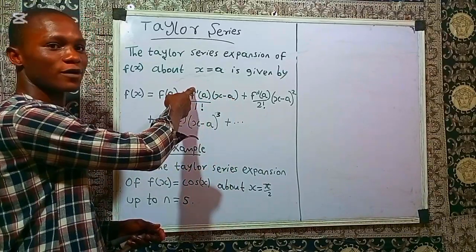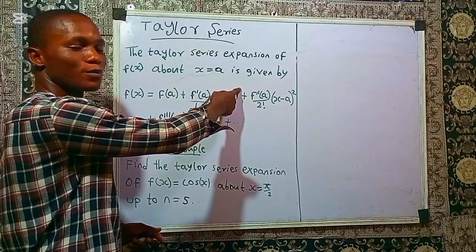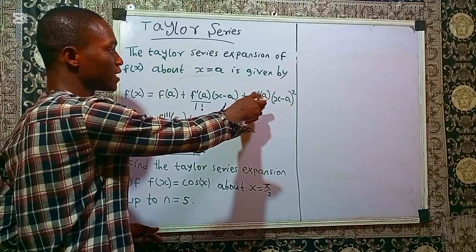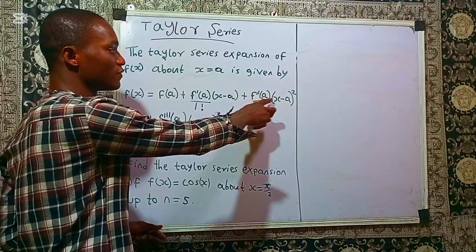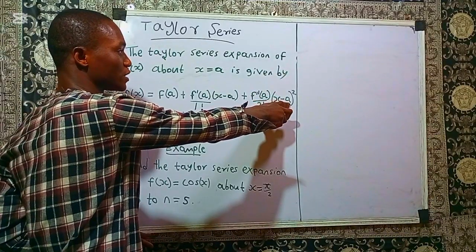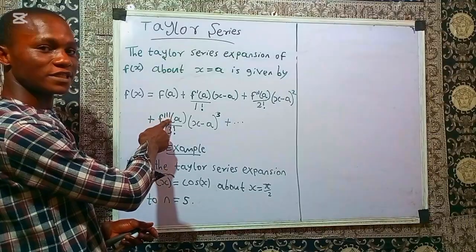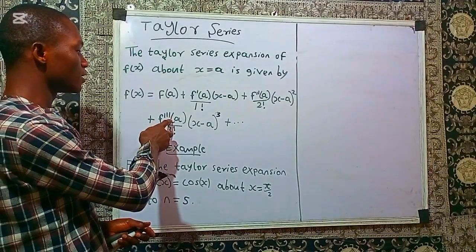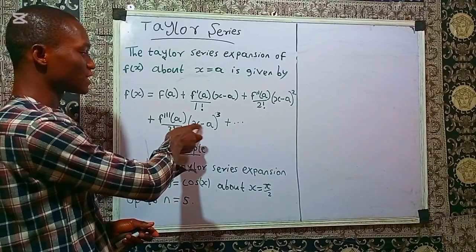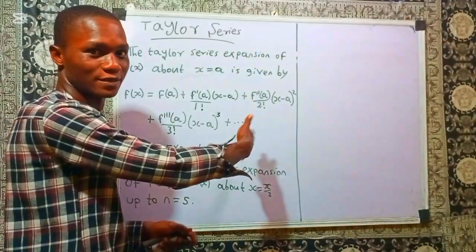So if you have first derivative over 1 factorial, then you have x minus a raised to power 1, then plus f double prime at a, that's the second derivative at a, divided by 2 factorial multiplying x minus a raised to power 2, plus the third derivative of f at a divided by 3 factorial multiplying x minus a raised to power 3, right? So you can guess the pattern.